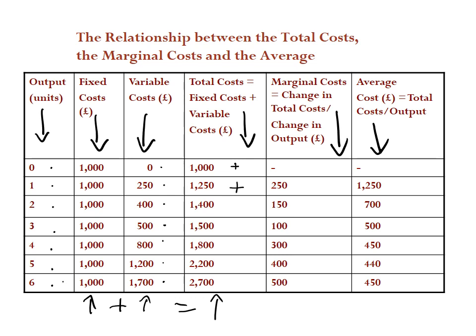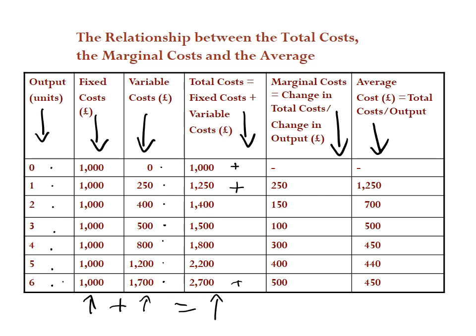If we go on to the last one here, when output is 6 units, fixed cost is the same at 1,000, but now your variable cost is 1,700. Of course, your total cost is 2,700. Now, how about your marginal cost? Your marginal cost is very interesting. So it's your additional cost for making 1 unit.